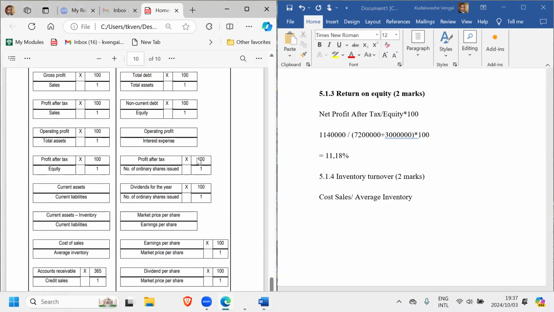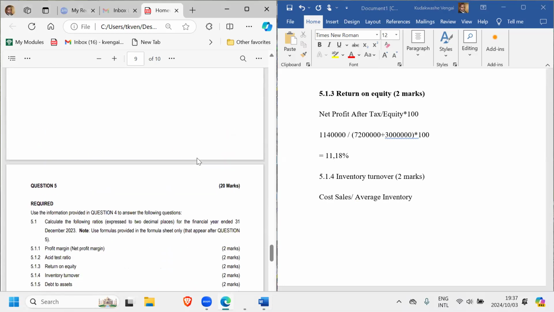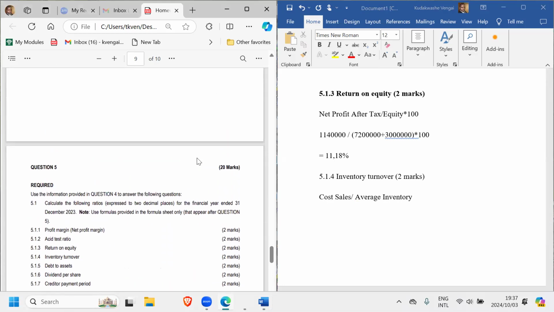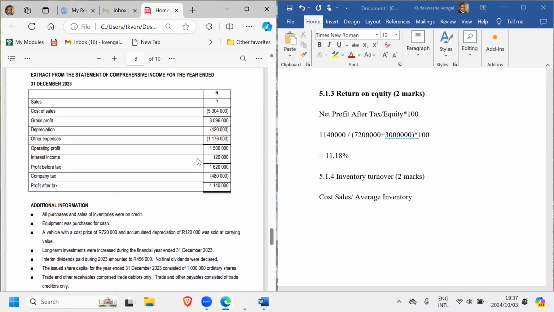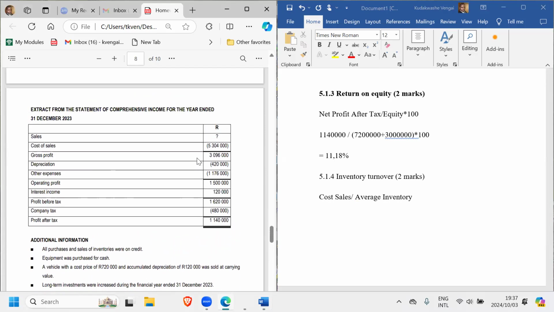So how do you calculate that? Cost of sales, we already have that. So that's 5,304,123 divided by the average inventory.